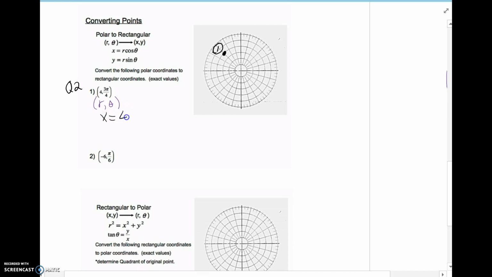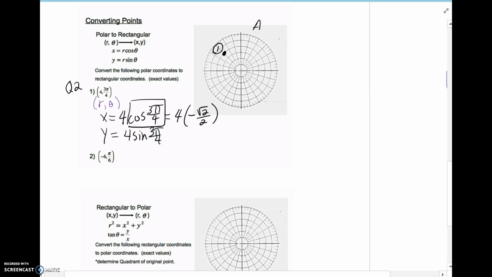So this would be x equals 4 cosine of 3 pi over 4. Now you do still kind of need to go back and revisit your exact value stuff. So this would be negative root 2 over 2. So what I would do, even if you did use the calculator for this, find cosine of 3 pi over 4 and then multiply that answer by 4. And then same thing, y is equal to 4 sine 3 pi over 4.